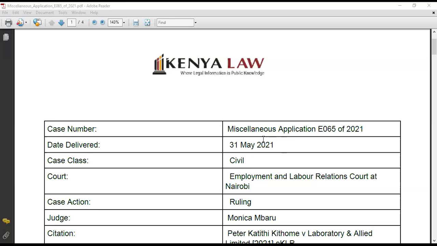And the appropriate forum is the Employment and Labor Relations Court. They can hear petitions. If you look at the Employment and Labor Relations Court Act, it talks about that.